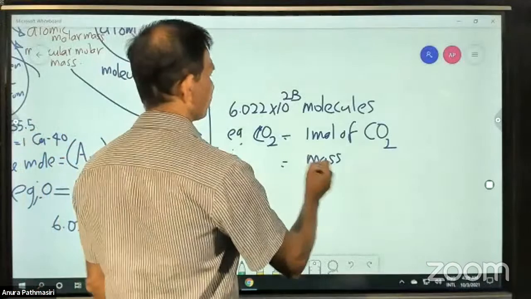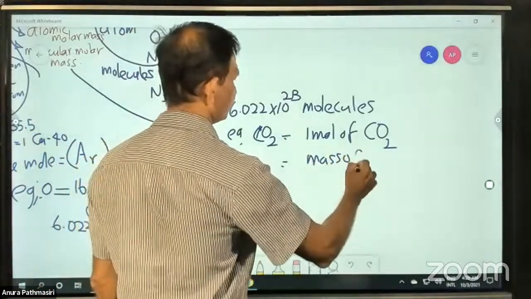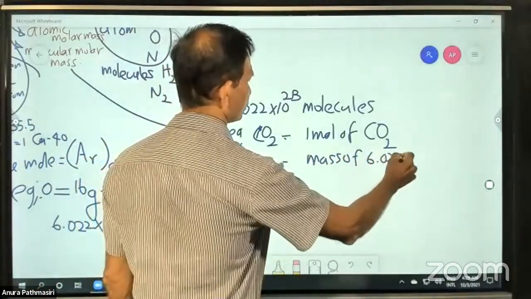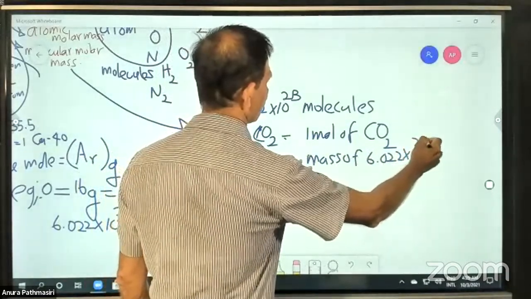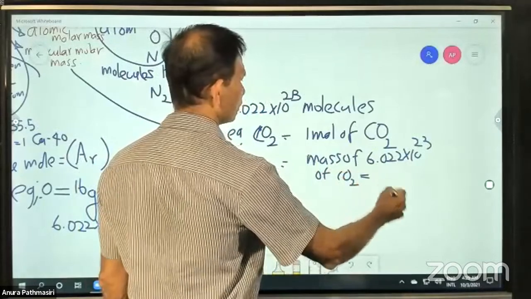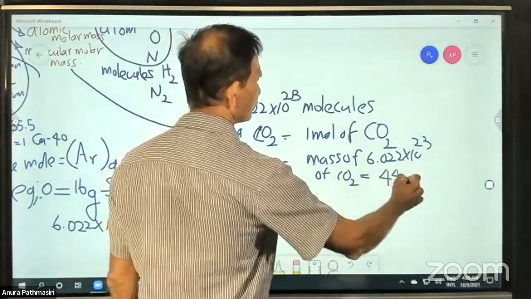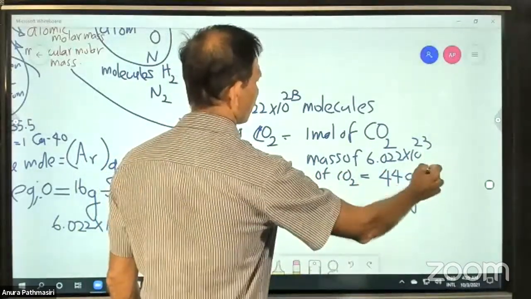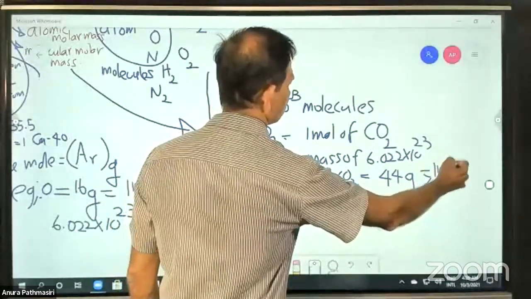The molecular molar mass of 6.022 times 10 to the power 23 of CO2 is equal to 44 gram, equals 1 mole.